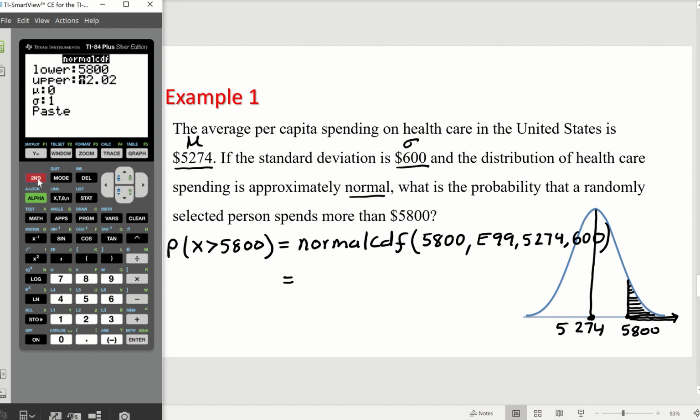To get E, we type second and comma, E99. The mean is not 0 now, the mean is 5,274, and the standard deviation is 600. Now select this, paste, hit enter, and enter one more time, and your result is 0.1903. So the probability of spending greater than 5,800 is 0.1903.